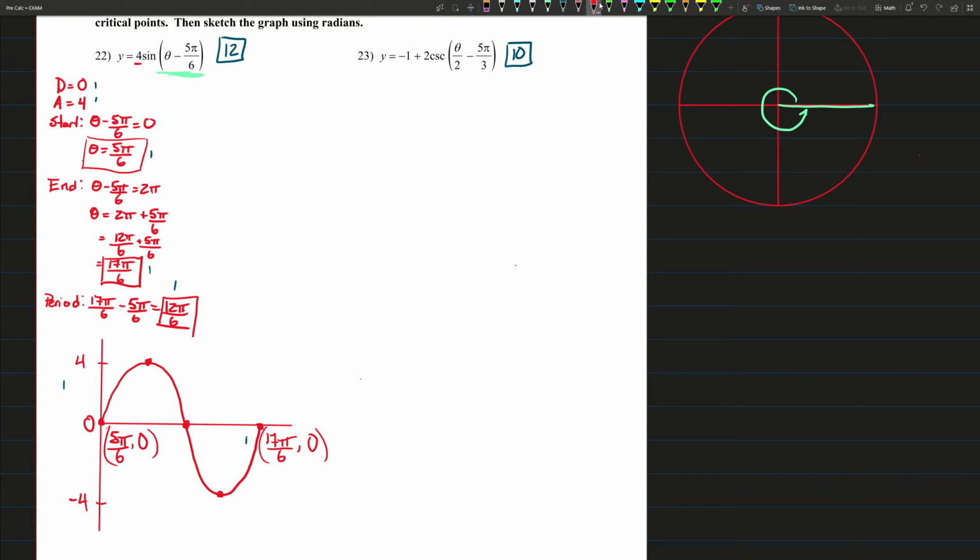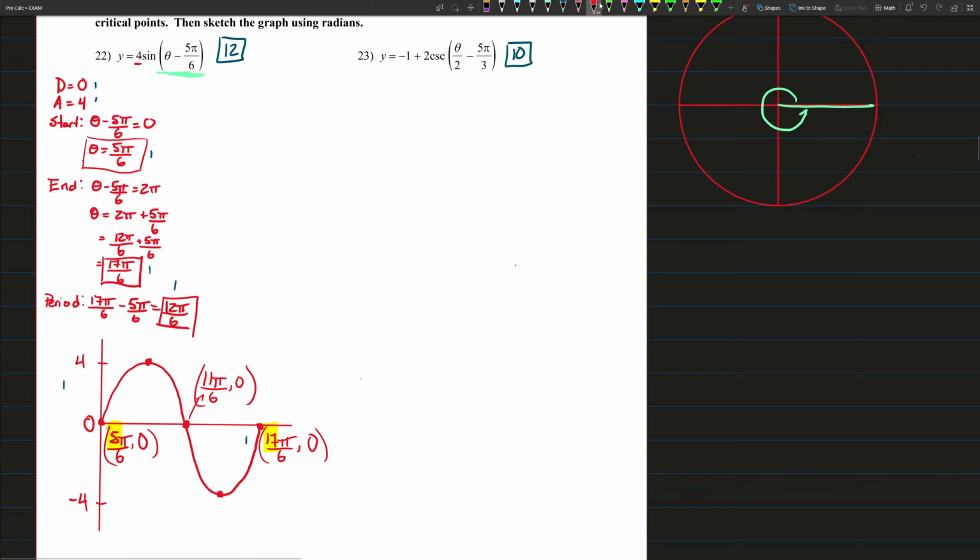In order to find the middle, we're going to average these two. Right, so 17 plus 5, that's 22. 22 divided by 2, that's 11. So this is going to be 11 pi over 6, comma 0.